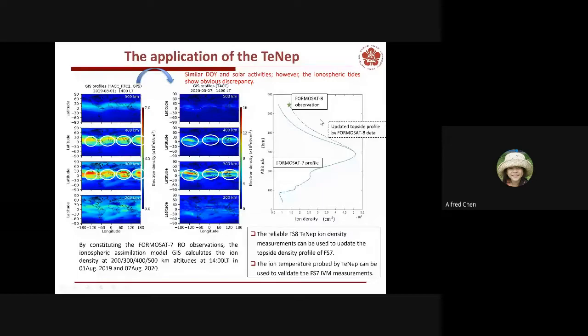If we can have some more precise observations in the upper portions of the profiles, it can help to update the topside profiles with the Formosa 8 observation data. And the ion temperature probes by the TNEPs can also be used to validate the Formosa 7 IVM measurements.